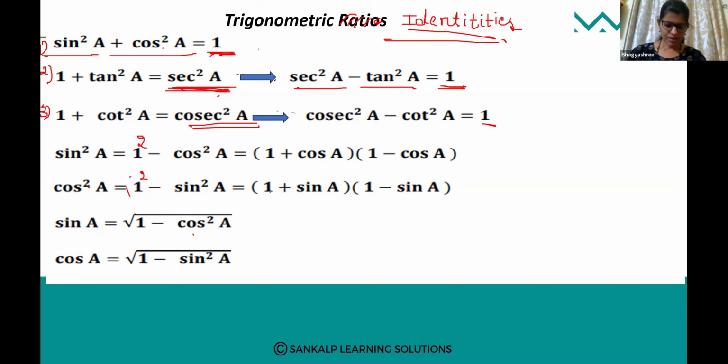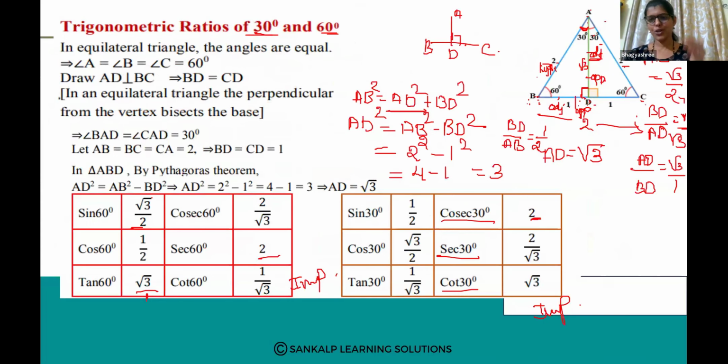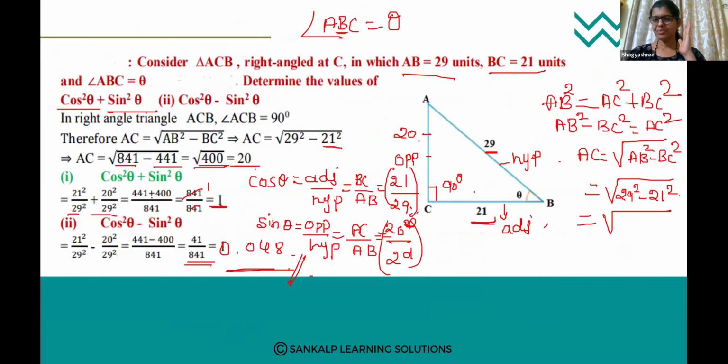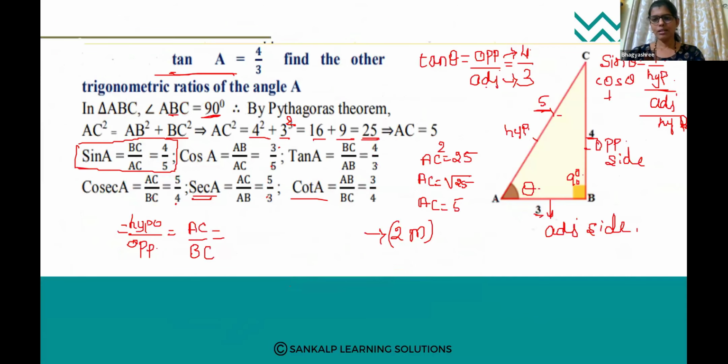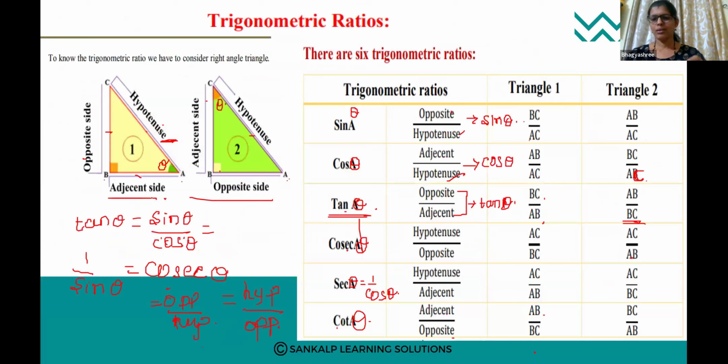Okay, so dear children, today we have discussed trigonometry. What do you mean by trigonometry? It is the branch of mathematics which is used to measure the three sides of the right angle triangle, right? Here we are considering right angle, but it is used to measure three sides of the triangle.